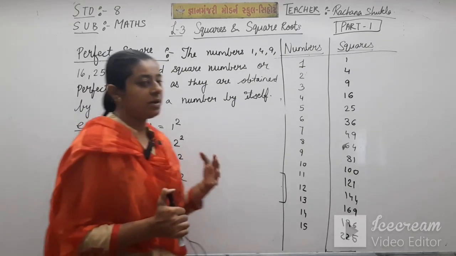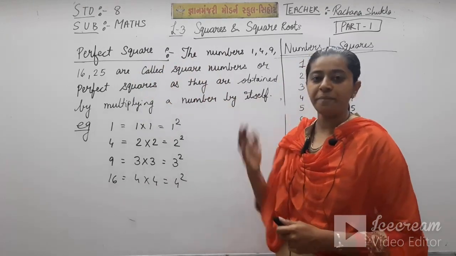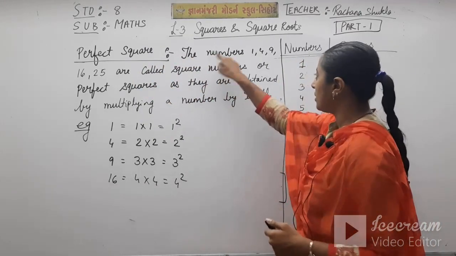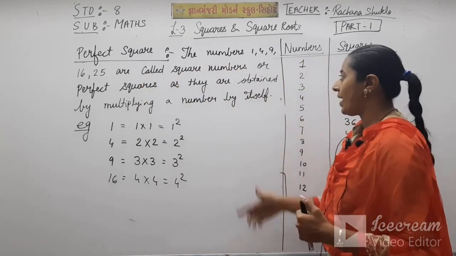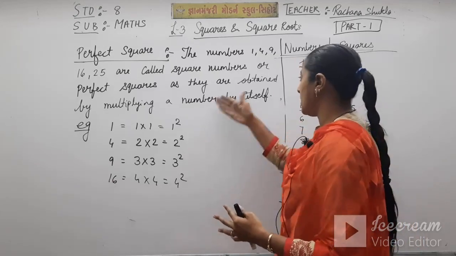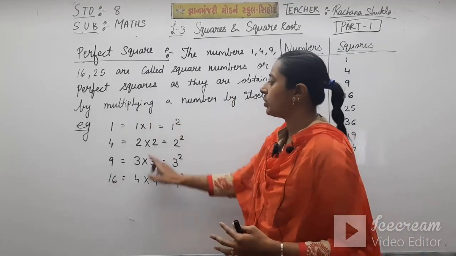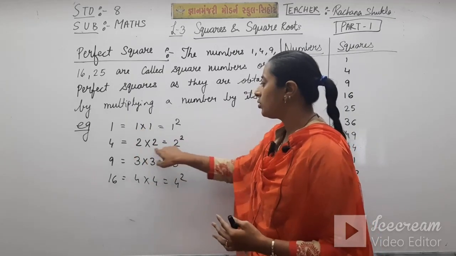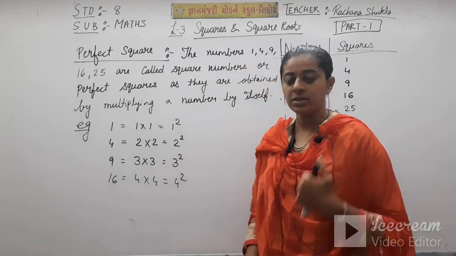So, this you will write down in your fair book. The definition of perfect square, that is the numbers 1, 4, 9, 16 and 25 are called square numbers or perfect squares. Why? Because they are obtained by multiplying a number by itself like this way. 1 one is 1, 2 twos are 4. So, these all numbers are perfect squares.